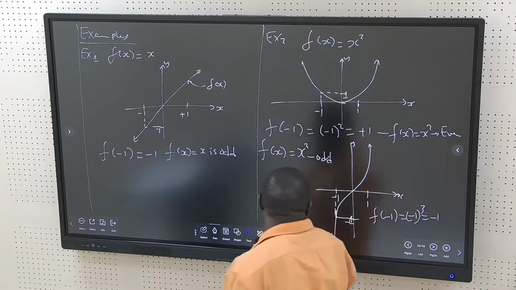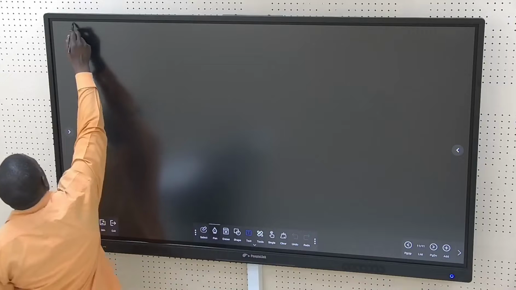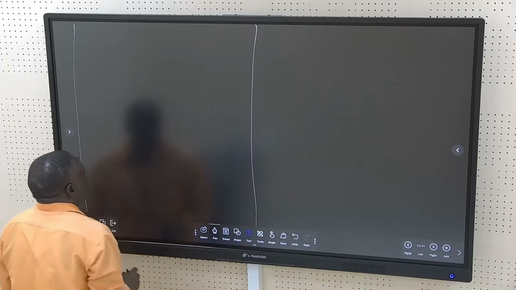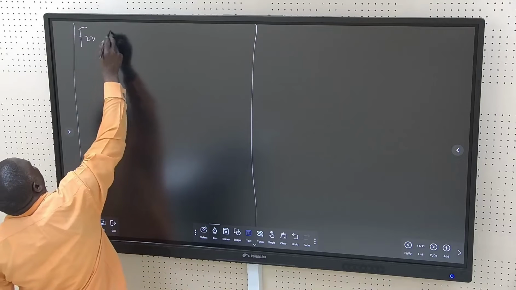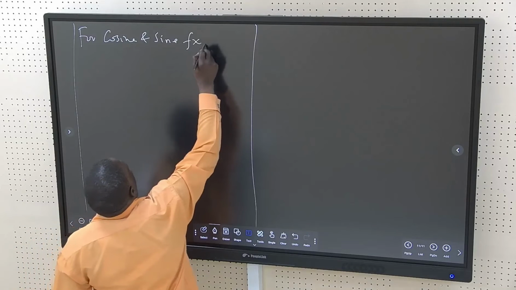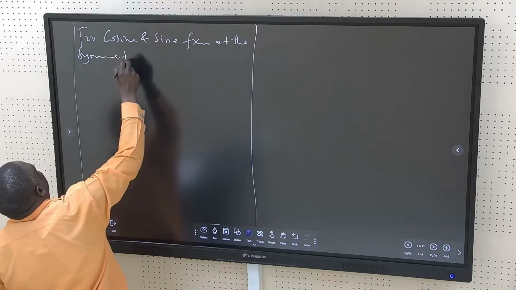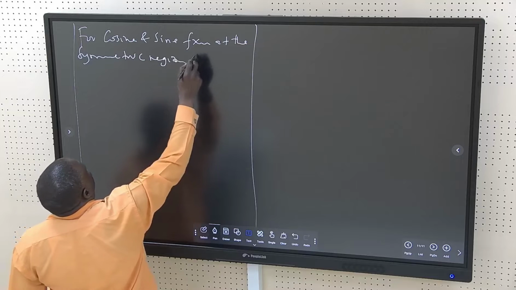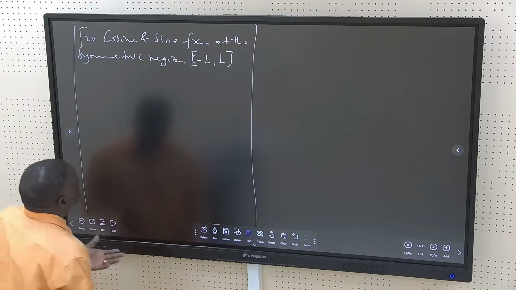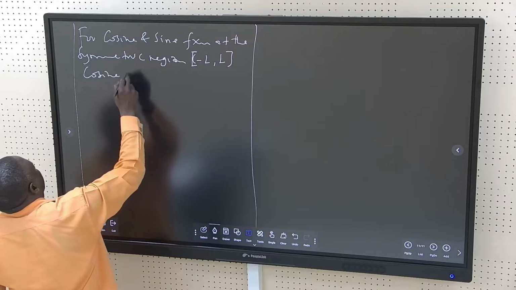So these are some examples of even and odd functions. So what about sine and cosine when the symmetric region is considered? For cosine and sine functions at the symmetric region, that is from negative L to positive L, consider the cosine function.